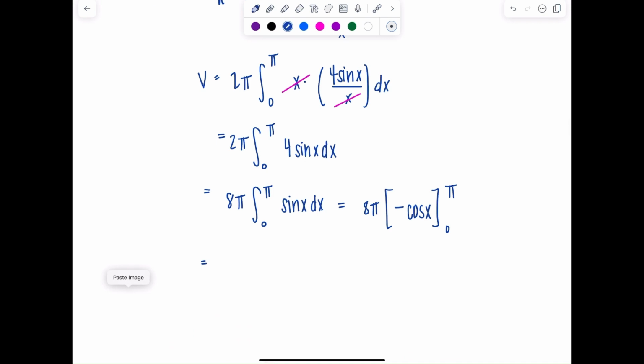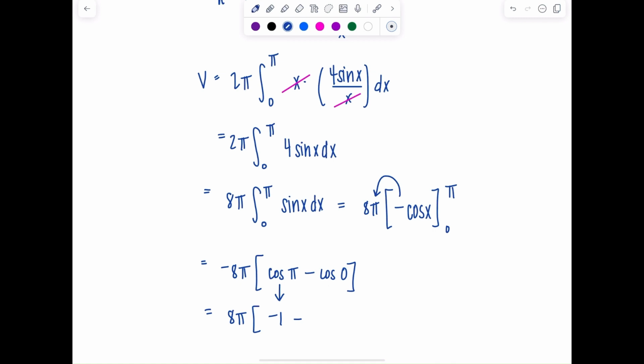And then let's just take the negative out. Negative 8 pi times cosine of pi minus cosine of 0, which is 8 pi times cosine of pi is negative 1 minus cosine of 0 is 1. And we have that negative out there, don't forget it. Negative 8 pi times negative 2 is positive 16 pi.